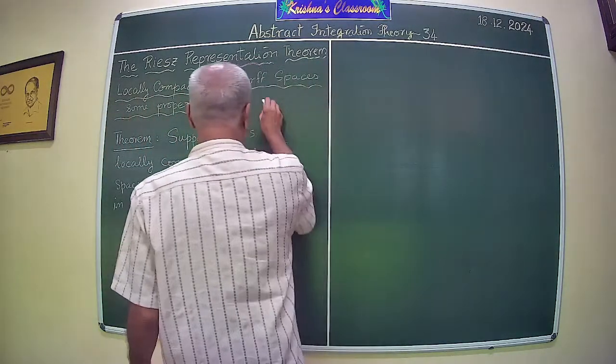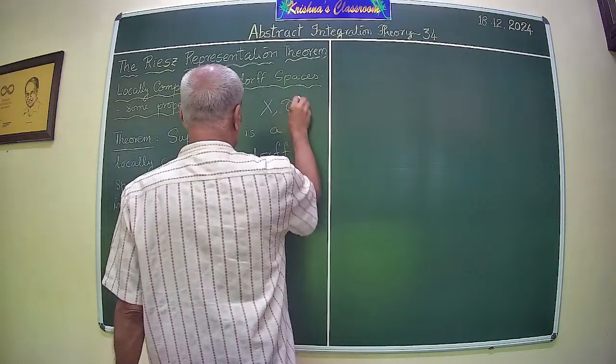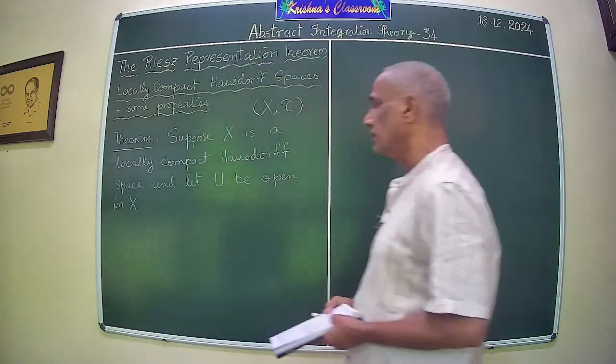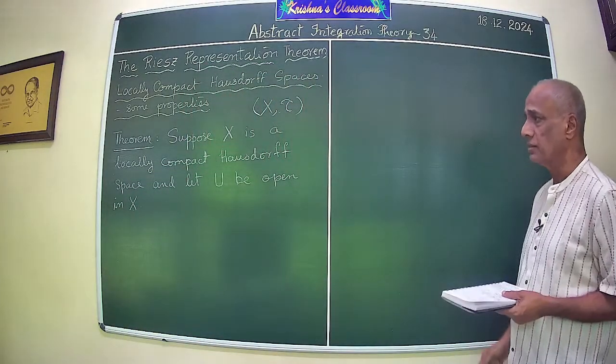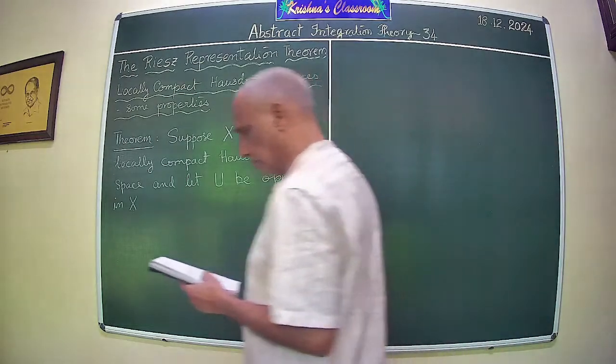So we are working on a topological space (X, tau), which has the property that it is locally compact. It's a locally compact Hausdorff space.